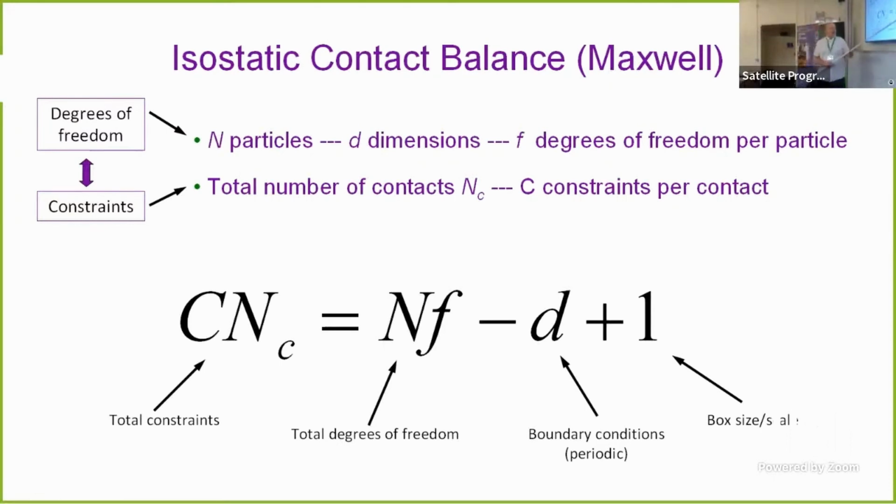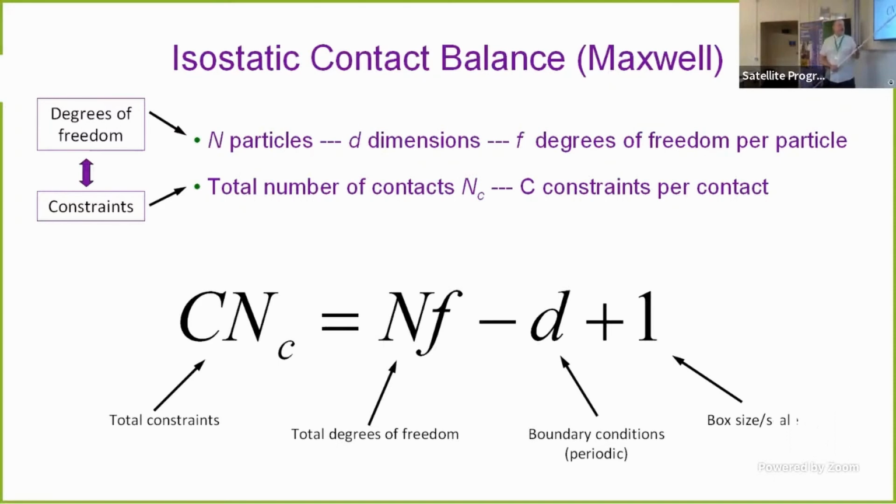So on this side, I have degrees of freedom in the problem, and this is the side I have constraints on. The side of constraints is typically determined by the number of contacts, but there might be more than one constraint per contact. And so we have this C value, and in general, each contact might have a different number of constraints. So that's another possibility. You have to add sums in here to make that work. But that's all the constraints on this side.